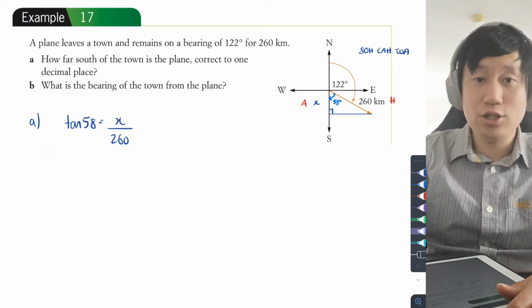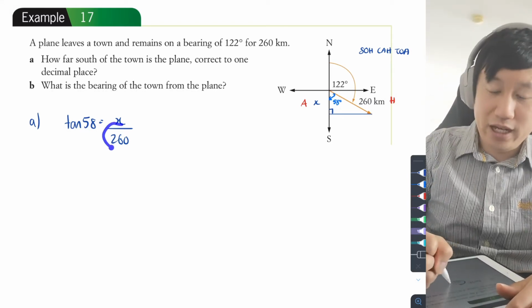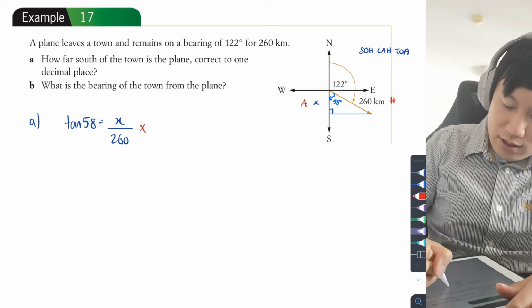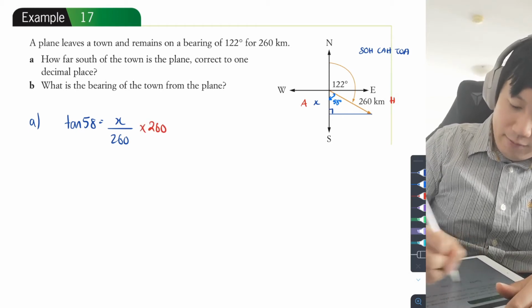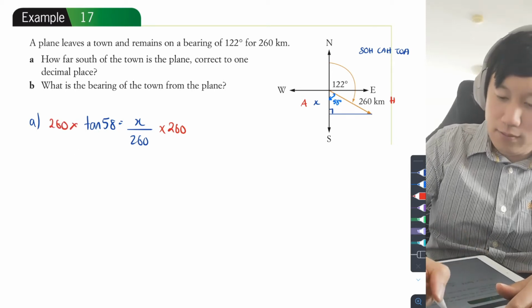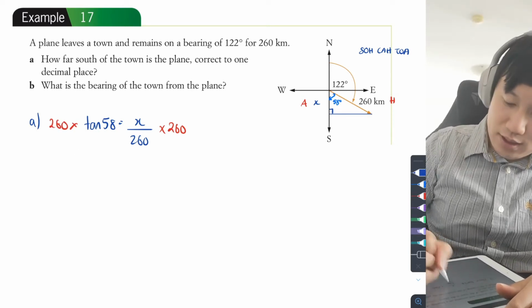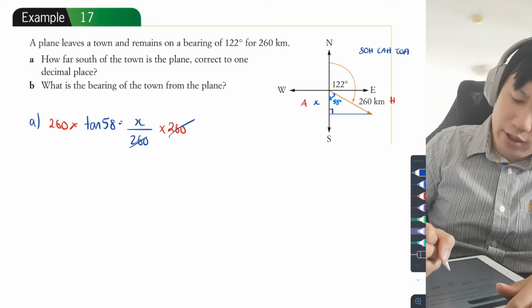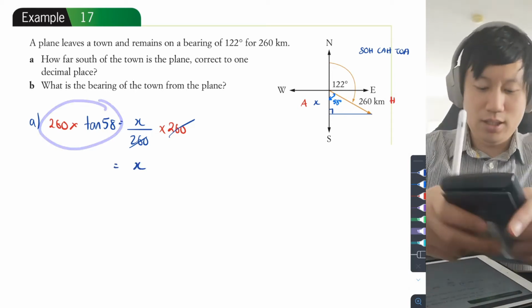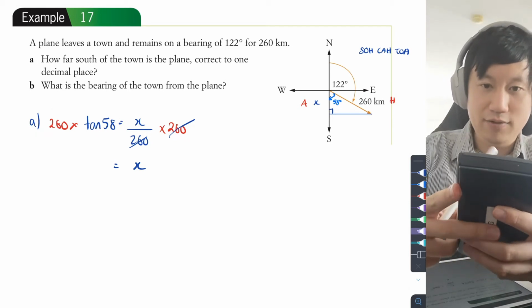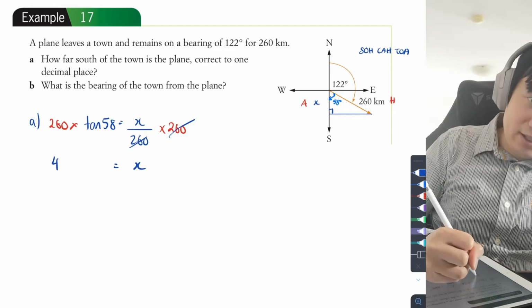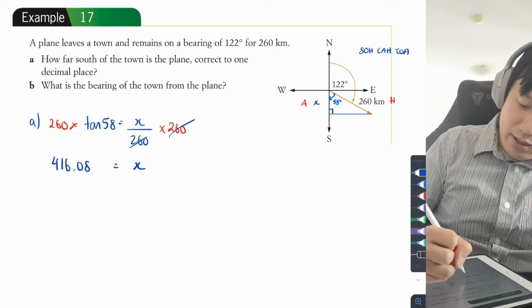Now, if you want to solve for x here, and x is divided by 260, you're going to undo that division by multiplying both sides by 260, so that the 260s cancel. On the right side, you're left with x. On the left side, you're left with 260 tan 58, and that would be 416.08.